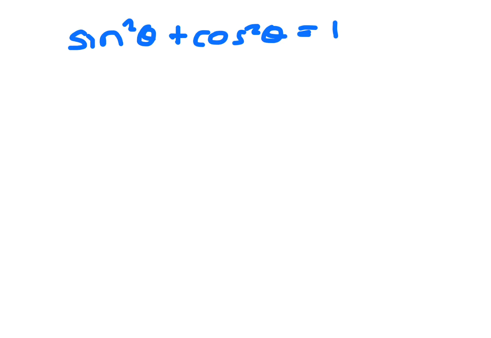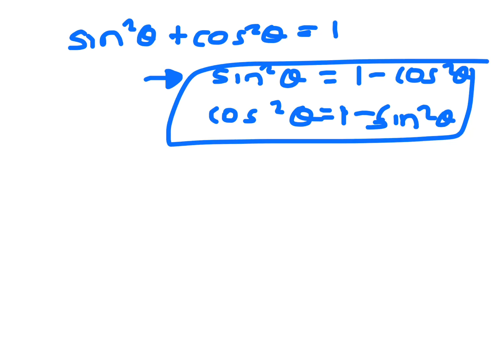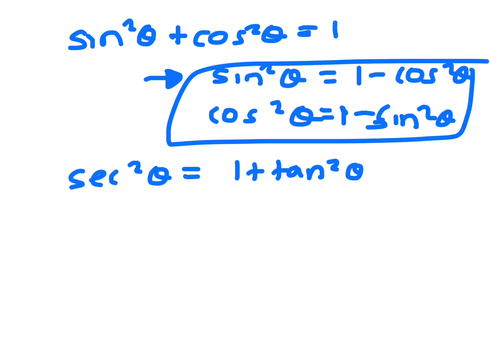So we've got sine squared plus cos squared equals 1, and it's really good to be able to rearrange this. Sine squared theta is 1 minus cos squared theta, and if you bring the sine squared to the other side, cos squared is 1 minus sine squared theta. The other thing is we've got sec squared theta equals 1 plus tan squared theta.